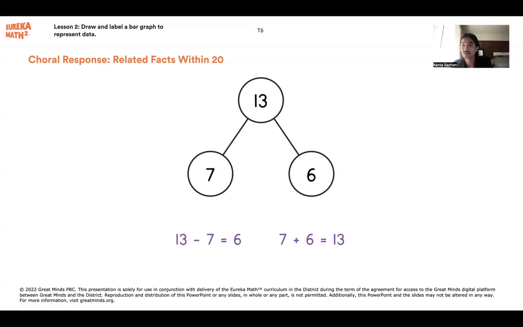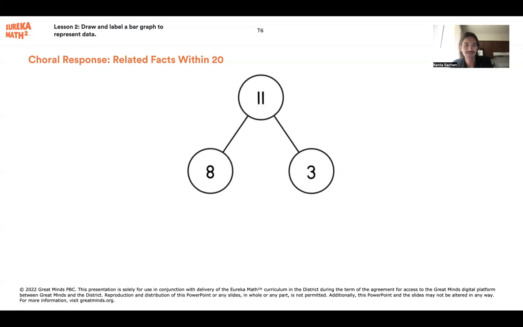Yep. Exactly. 13 minus 6 is equal to 7. Now, how about an addition problem? Good, 6 plus 7 equals 13. Great job, guys.